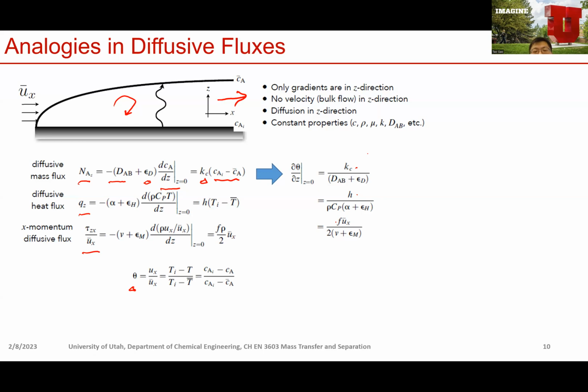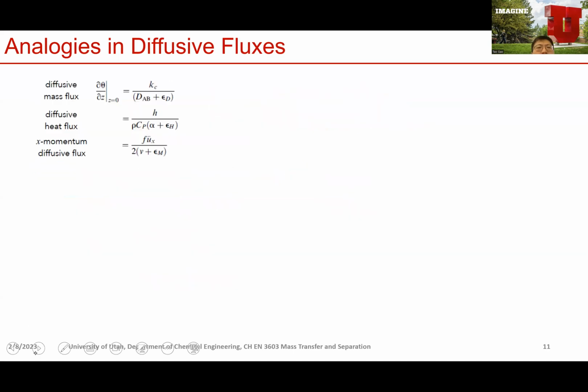Because we know the Fanning friction coefficient, we can compute it as long as we know the flow condition, the geometry of the tube, and the Reynolds number. That hints that if we further simplify this equation to some extent, maybe we can find the mass transfer or heat transfer coefficient from the Fanning friction coefficient. That's what we did.